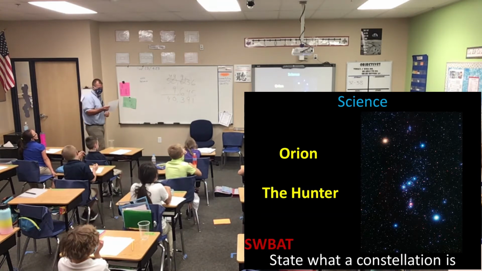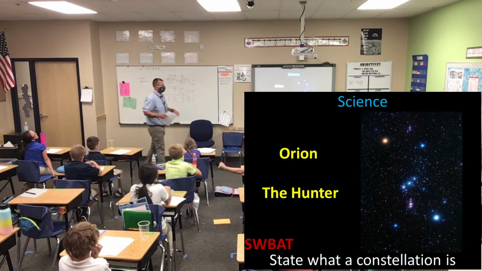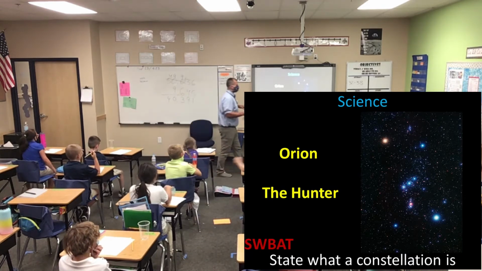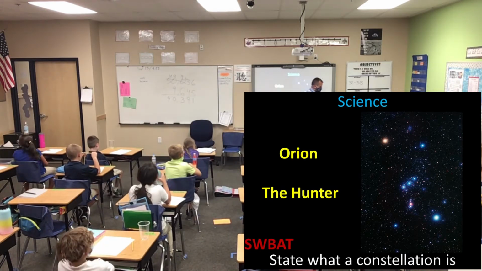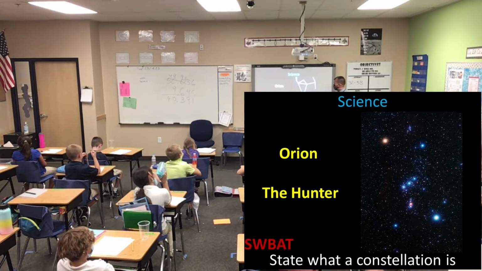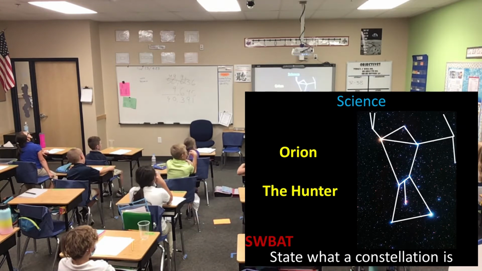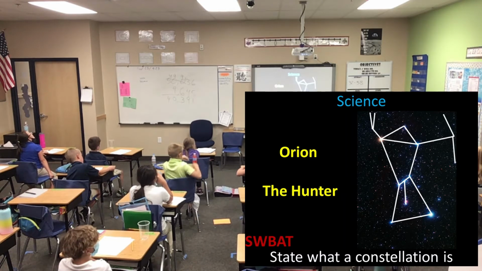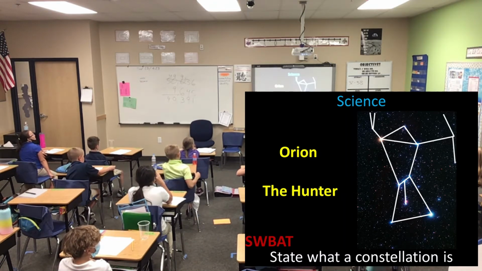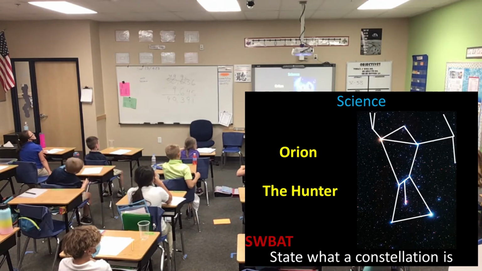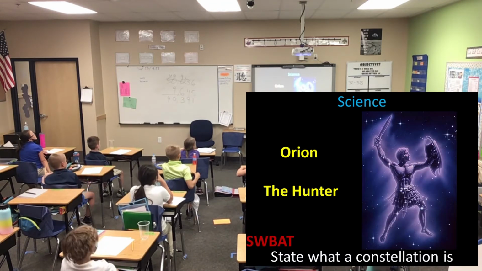We'll talk a little bit more about him tomorrow, but we are going to use him to at least introduce the idea of constellations. So we take those stars and we connect them together, and there you have what you would visualize with the stars as the hunter, and ideally that would then turn into something to that effect.